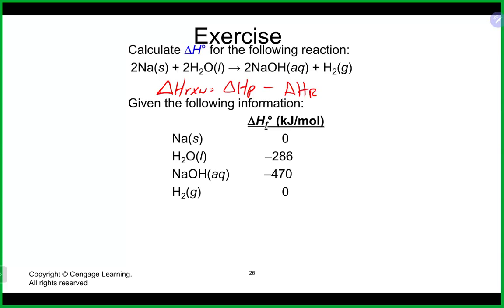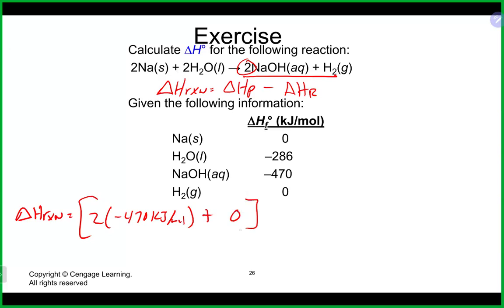So on the product side, which is this side, we're going to take again the coefficient, which is 2, so 2 times the value that we see in that table for NaOH. We're going to add it to our value for H2, which happens to be 0 in this case. So that is all of our products. We're going to subtract it from all of our reactants.